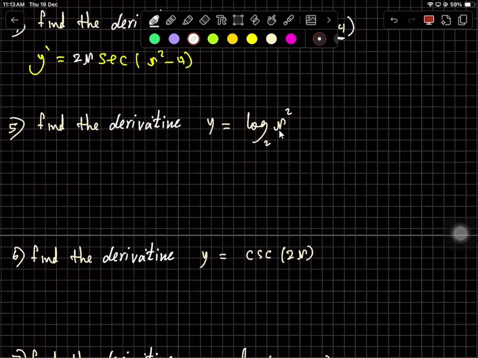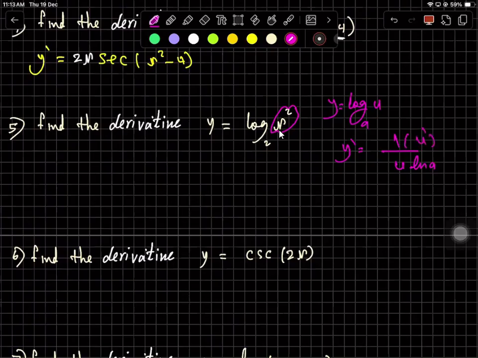Find the derivative of y equal log of x squared to the base 2. So the argument here is what? The argument is x squared. If I want to apply the rule for log u to the base a, its derivative will be 1 over the argument u, multiplied by ln of the base a, multiplied by the derivative of the argument.